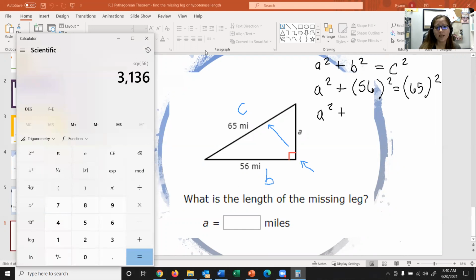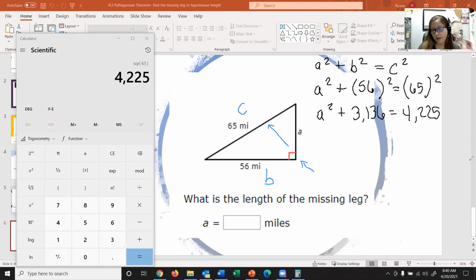So that's going to give us an answer of 3,136. And then we're going to do the same thing with 65. We're going to say 65 squared, which is going to give us 4,225.